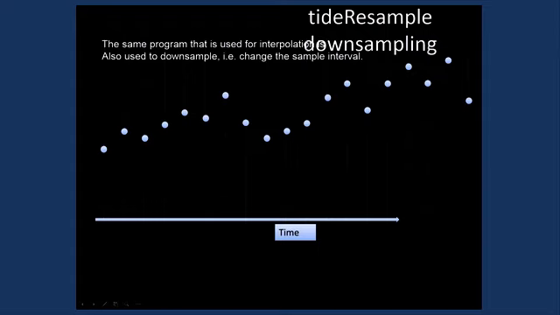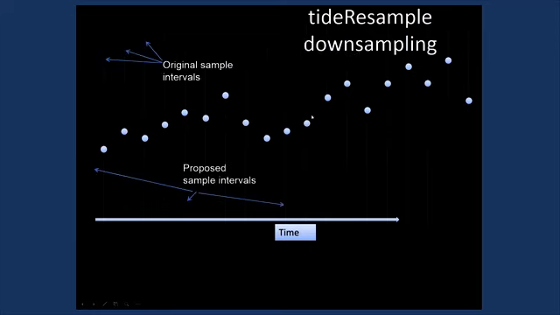Now, the same program we use for what we call downsampling. So we're going to take a whole bunch of samples and then try to make them occur at some other interval.